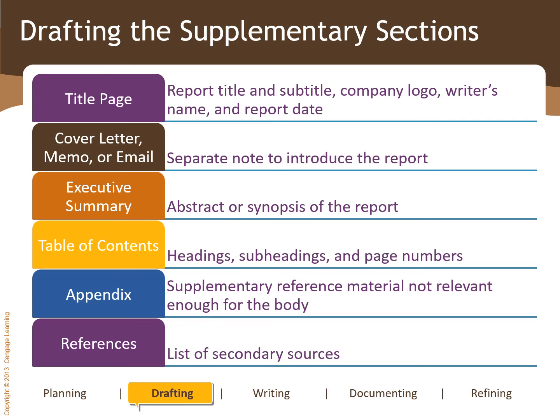And then finally, any type of report definitely must include a reference page. So this is the list of the secondary sources that you used. Remember, in the types of data we had secondary and primary data. So the sources of the secondary data that you collected and used for your report must be properly cited.